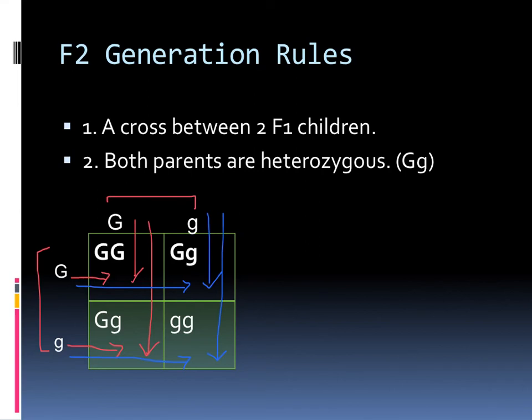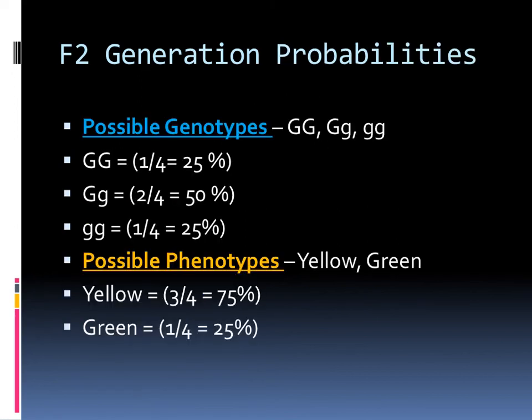Next step is to report back the probabilities of what shows up in each of the 4 boxes. When you report back probabilities, remember you're reporting back both genotype probabilities and also phenotype probabilities. So if you look at the inside boxes, this is what you should report back. There are 3 possible genotypes that show up. Big G, big G shows up 1 out of 4 or 25%.